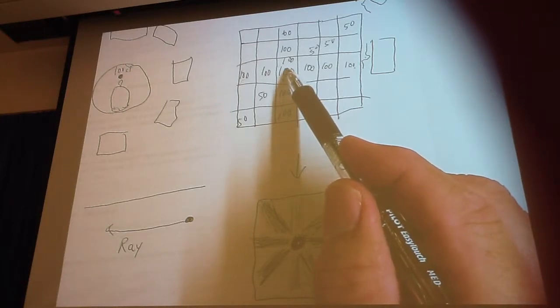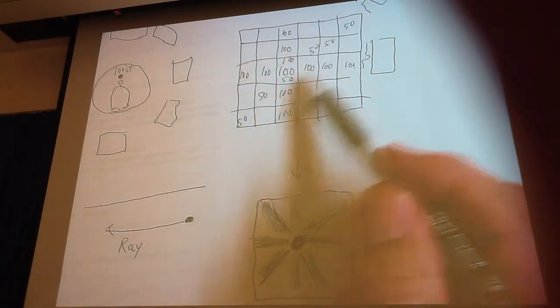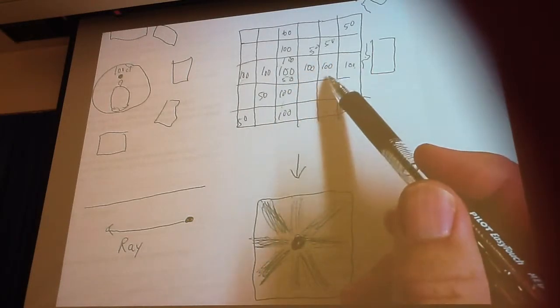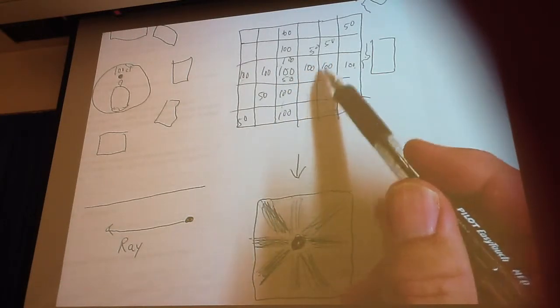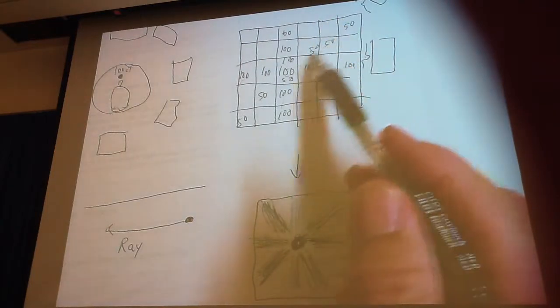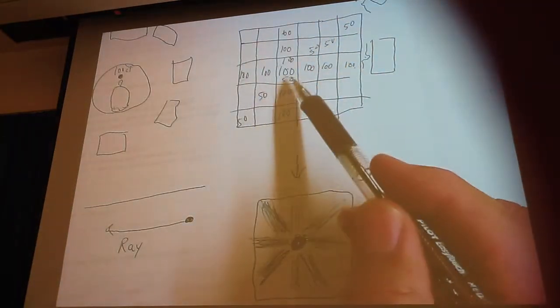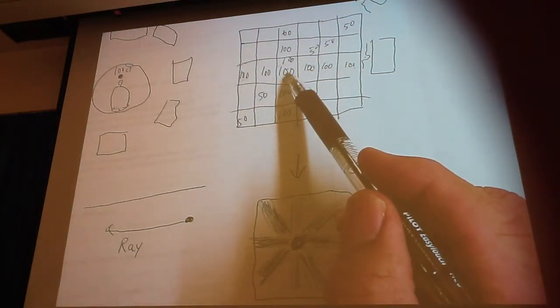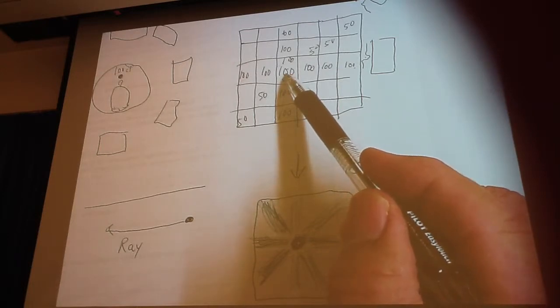What if I told the computer to subtract 100 from every pixel on the image? Basically this would be minus 50, this would be 0, but this would still have 150 in it, wouldn't it? And that's basically what back projection is.